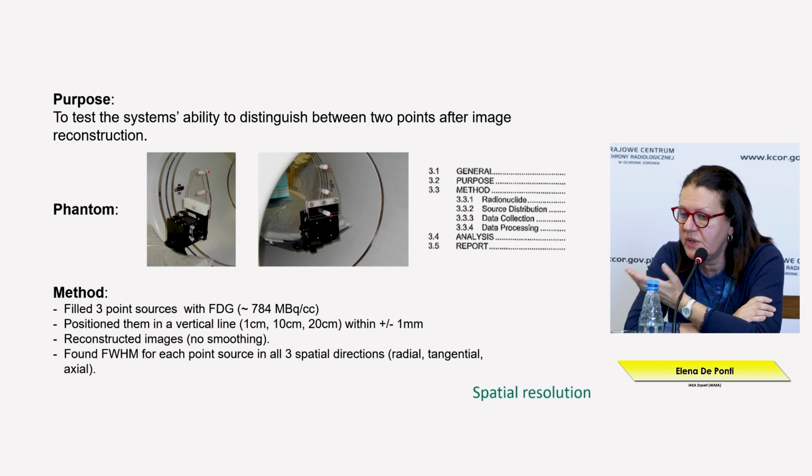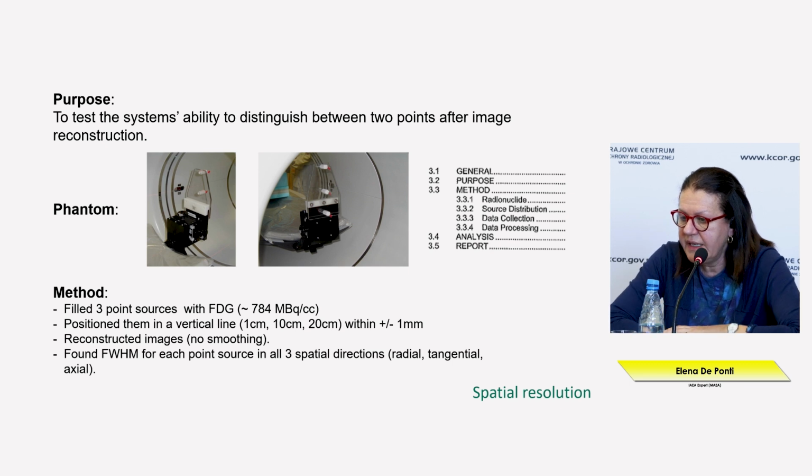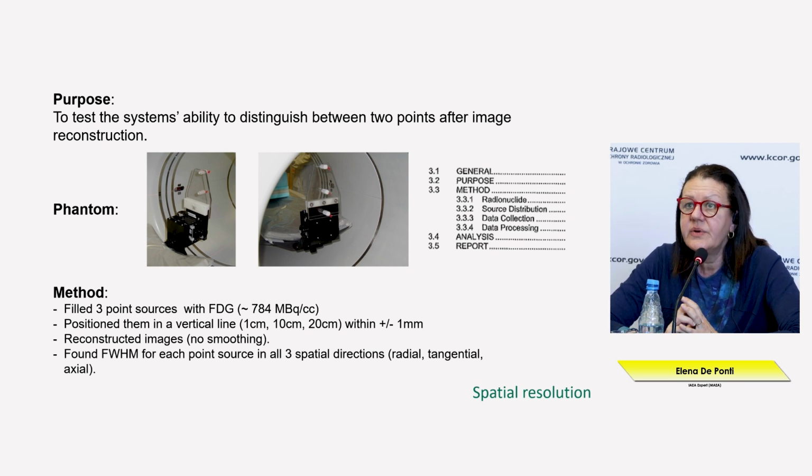For example, here we can see the spatial resolution test, and we have point sources, and the NEMA procedure tells us where to put each source, and then tells us also how to analyze.